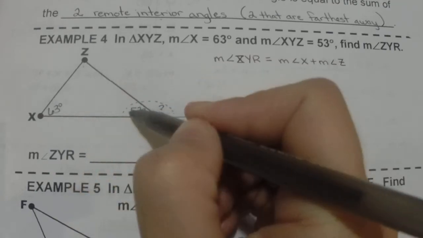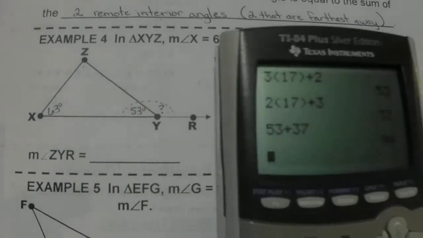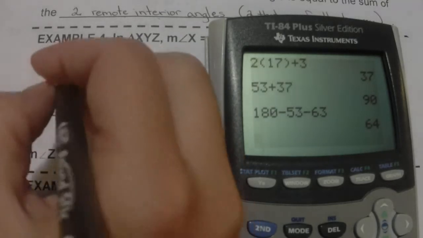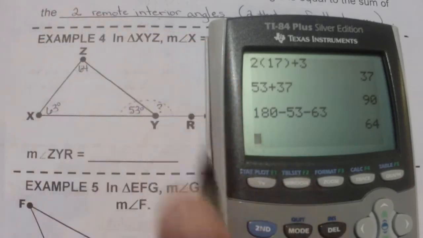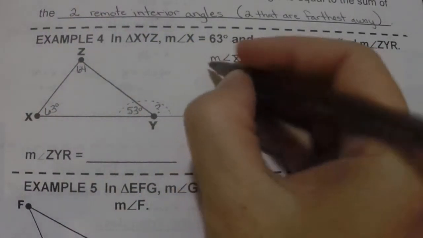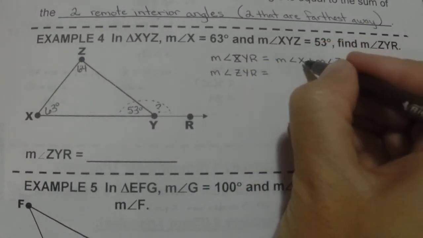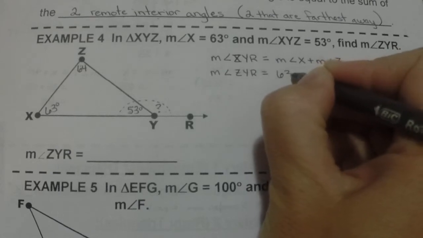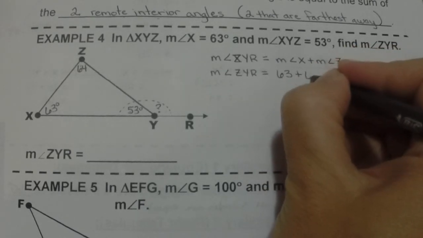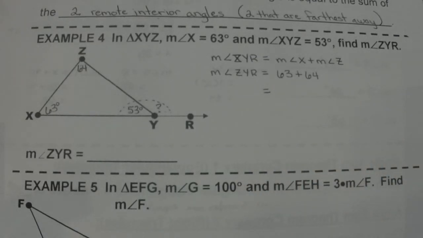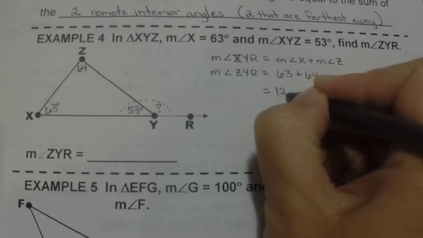So if there's a total of 180 in here, I could use my calculator. 180 minus 53 minus 63, and I get 64. So that means z would have to be 64 degrees. So that means that the measure of angle ZYR is the measure of x, which is 63, plus the measure of angle z, which is 64. So 63 plus 64 should give you 127.